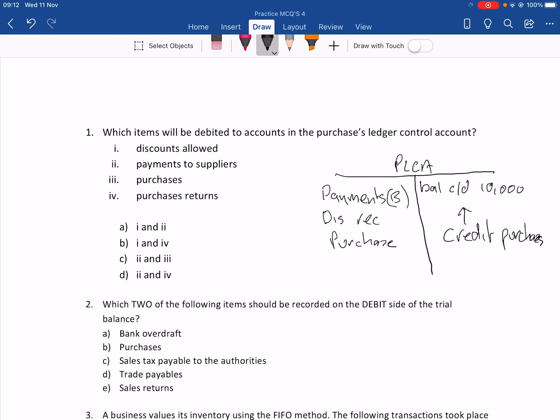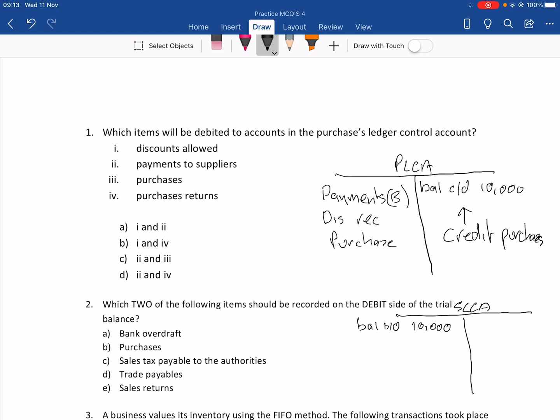Okay? I think it's worthwhile just drawing this to remind you for the other one as well when it comes to the sales ledger control account, because we did this in class, but just as an overview. So again, when we did the sales ledger control account, which are our trade receivables or our debtors, if we apply the same example, we had a balance brought down at the beginning of the month of £10,000, that basically indicates the amount of money that our customers owe us, okay?